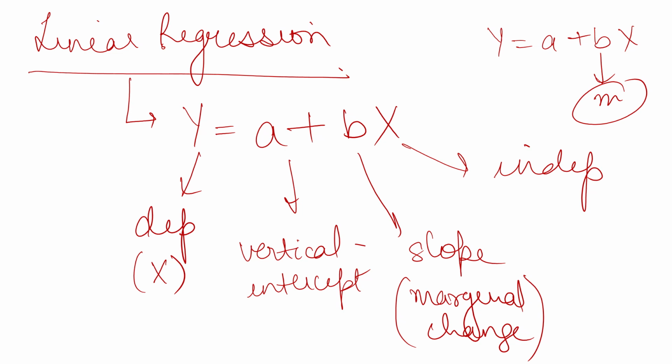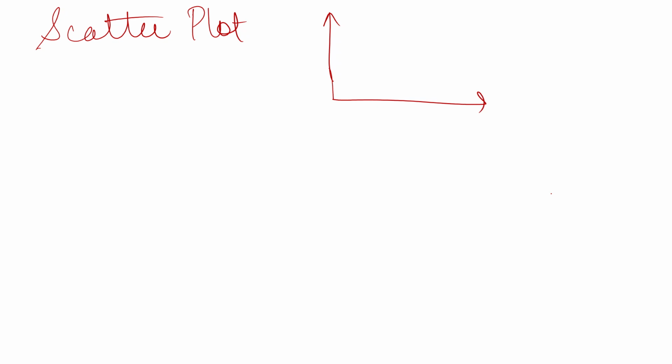Now, what is scatter plot? Let's see. Scatter plot refers to a plot that assesses association between two variables. Like let's say we have ads and sales. So we can see that advertisement comes on the x-axis and sales come on the y-axis. We can see that they increase in an increasing manner. Not all points will be there on the best fit line.